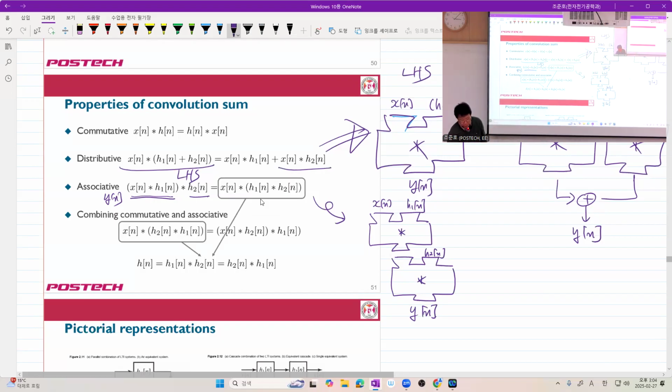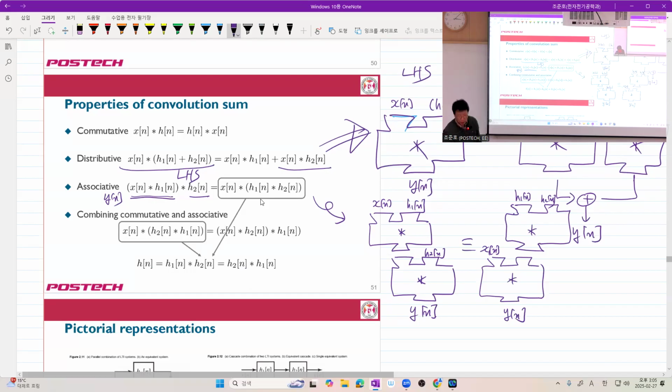Amazingly, they generate the same output, right? So this is associativity.